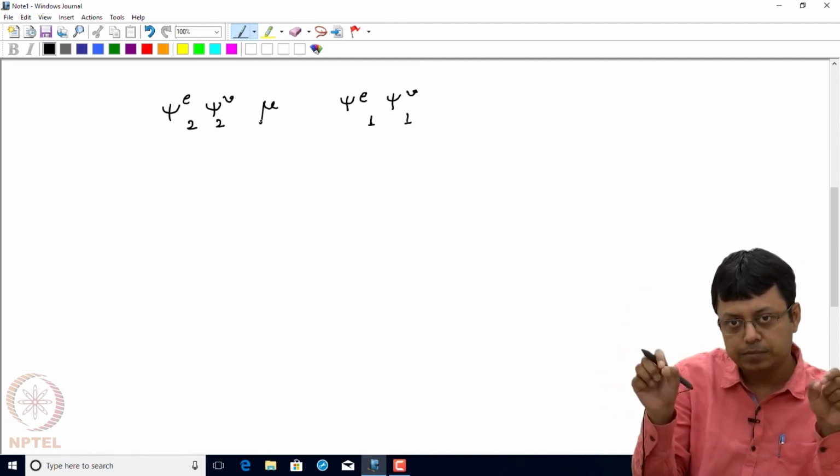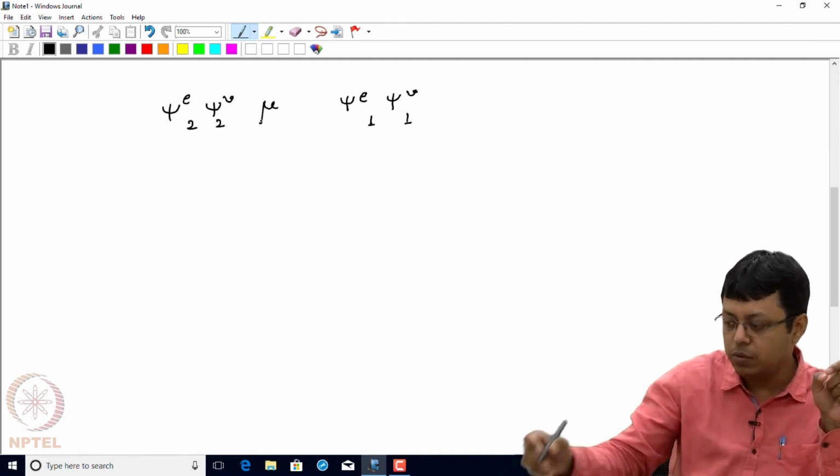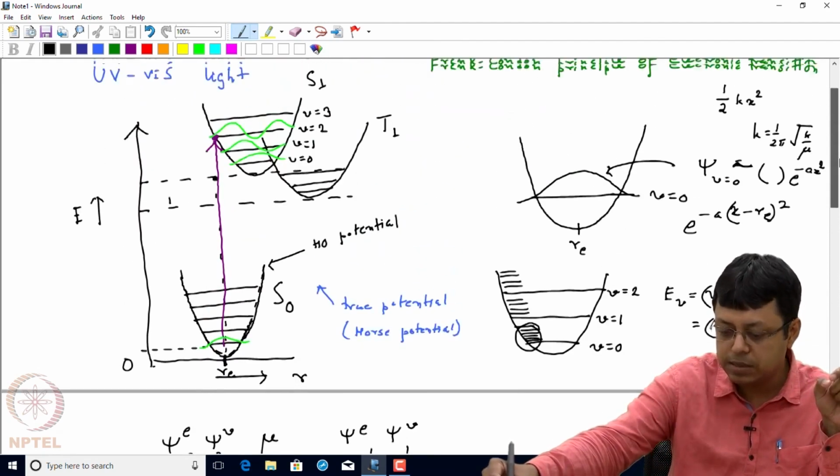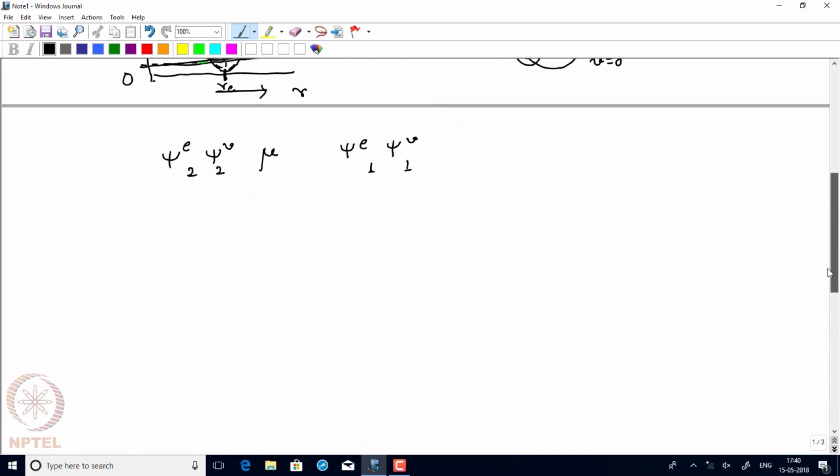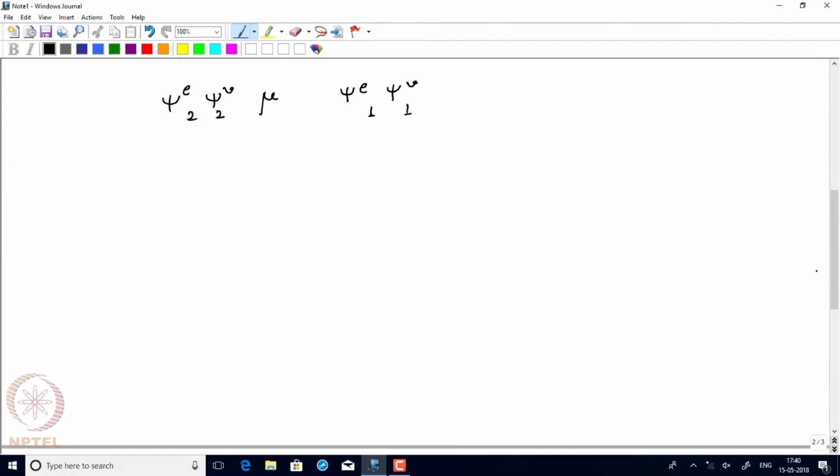Now what is the ground state? The ground state is basically a wave function that has an energy. It has an electronic contribution as well as vibration, as well as rotation and translation that we are not considering. Right now we are just writing it as a product of electronic and vibrational.